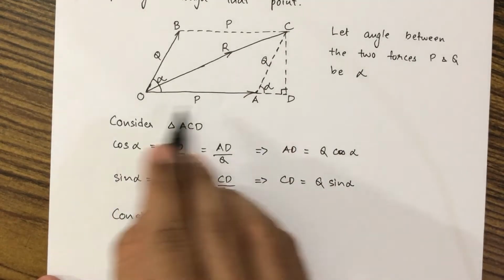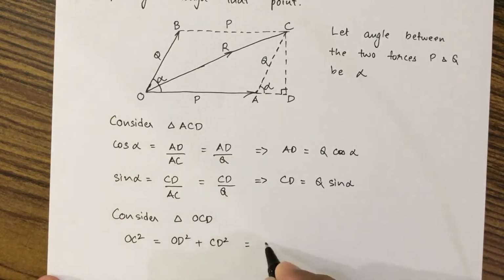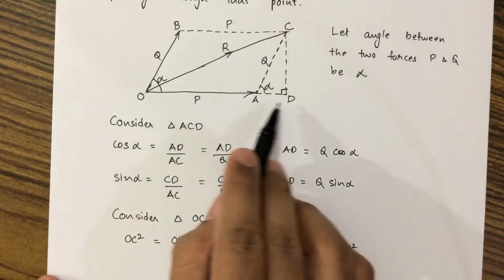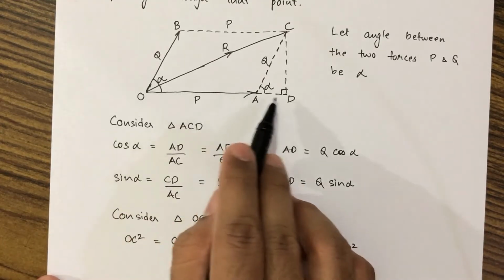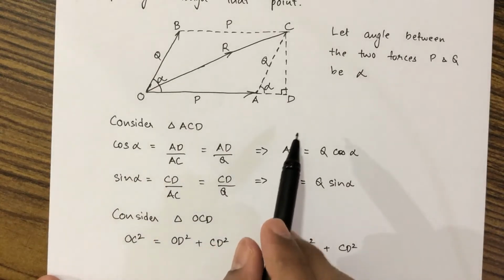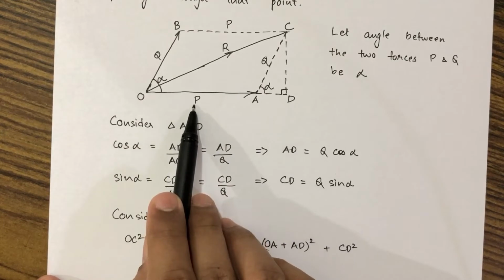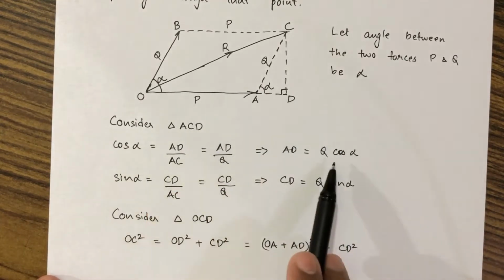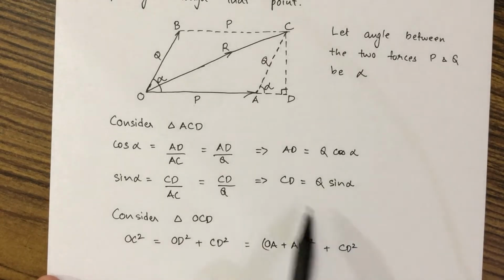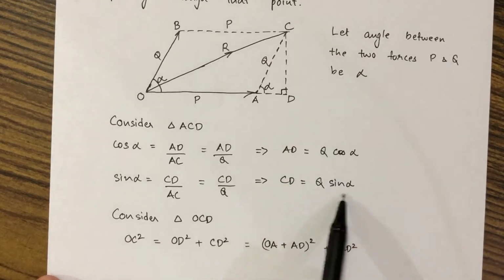But here OD can be written as OA plus AD, so OC square is OA plus AD whole square plus CD square, because total OD is equal to OA plus AD. Now OA is given as P, AD is given as Q cos alpha, and CD is given as Q sin alpha.